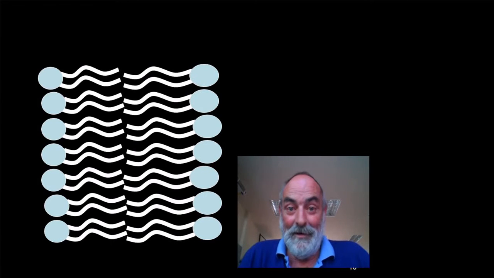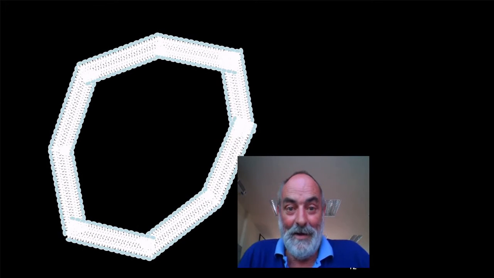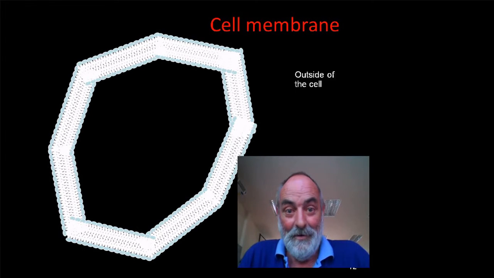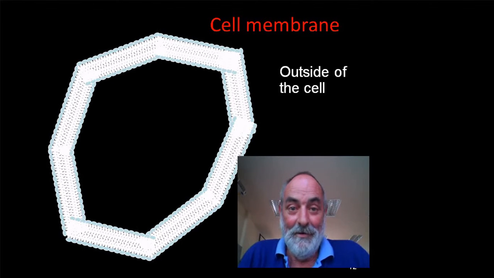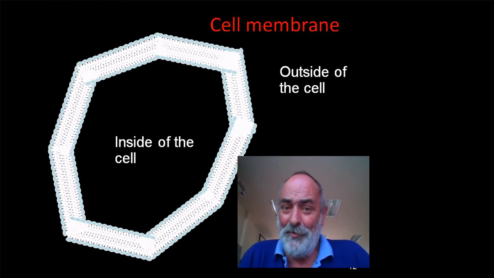It then links longer and longer until there are millions and millions of these lipid molecules that make the cell membrane. And eventually we can form what we think of as the full membrane around the cell. Here's the outside of the cell, and here is the inside. But remember, it's also 3D, and the cell membrane goes all around the cell.